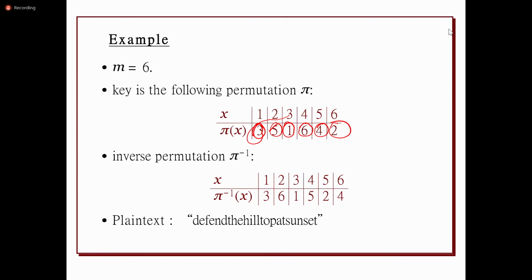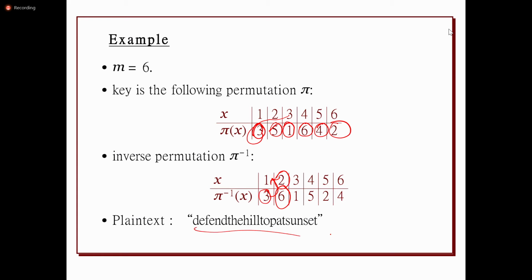At the receiver side, it will apply the reverse permutation, the inverse permutation. Whatever the third character is, at first position it will take the third character of the ciphertext. At second position, it will take the sixth character of the ciphertext, like that.